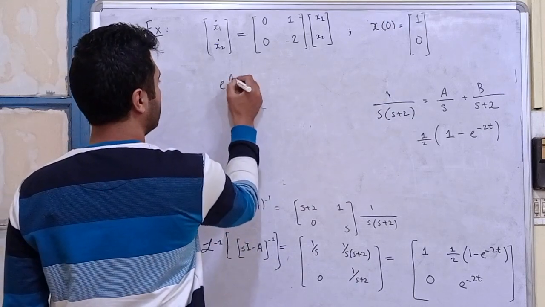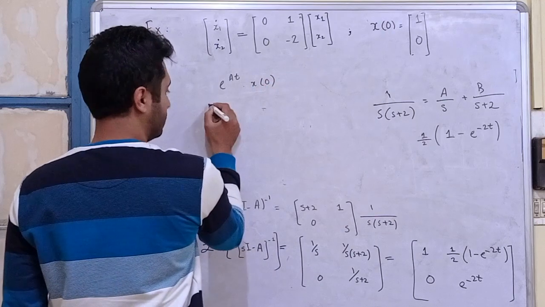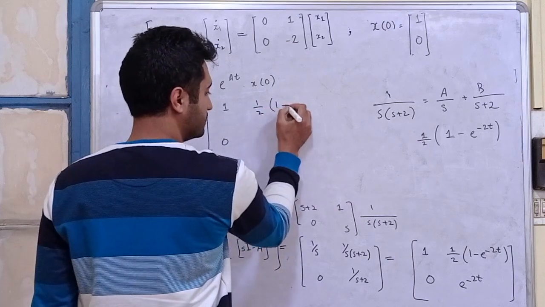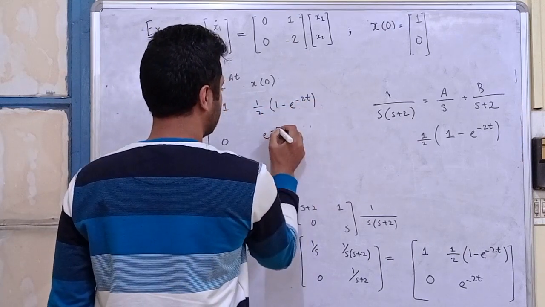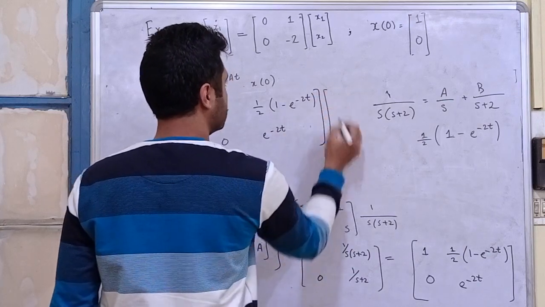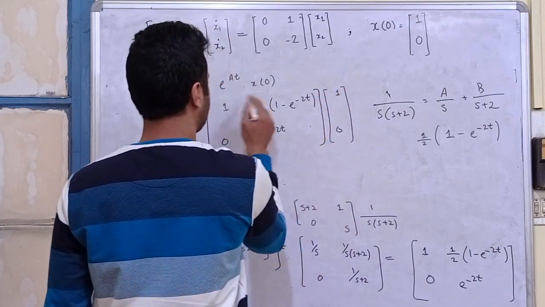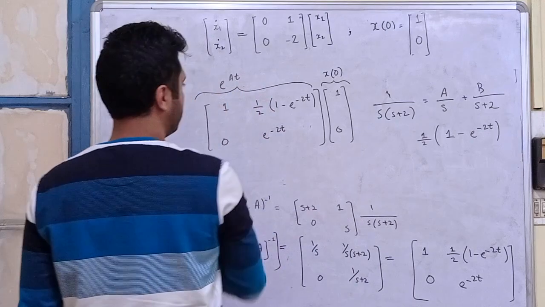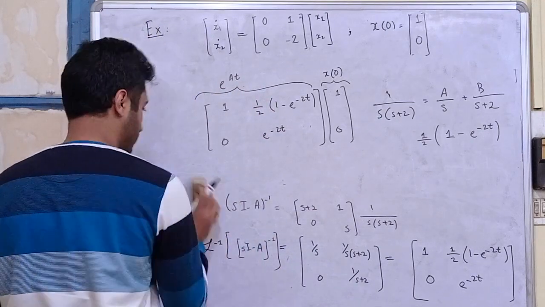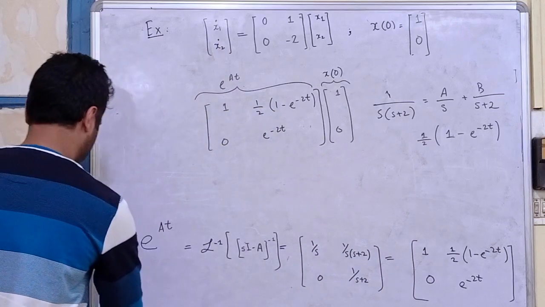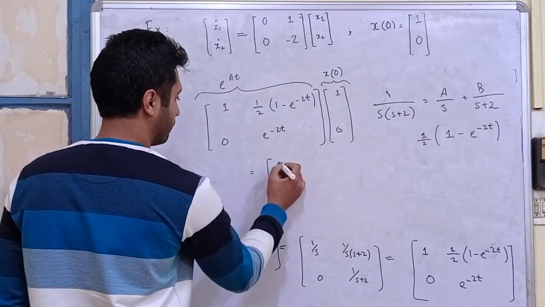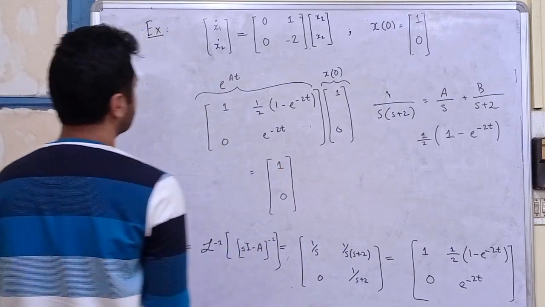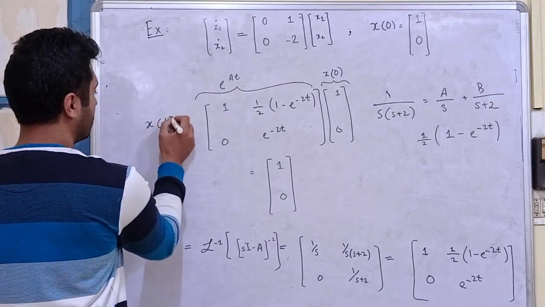So your e to the power At into x0, which is 1 0, is half of 1 minus e to the power minus 2t, then e to the power minus 2t, times 1 0. हम evaluate कर रहे हैं x of t.